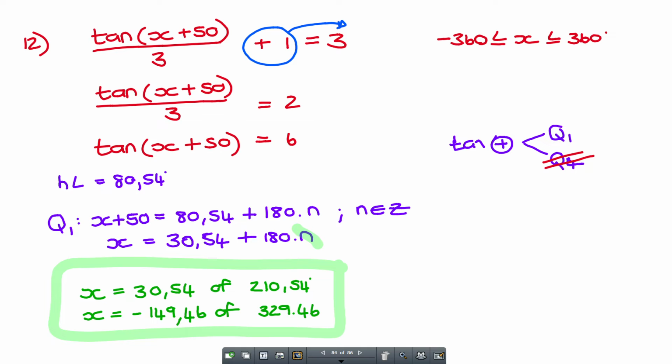Right, so if I use negative numbers at n, if I make n negative 1, you will see you get an angle of minus 149,46 degrees, and that still lies within my interval. Okay, so then we also substitute in n as minus 2, and then you get, so I think there must be a negative, let me just double check. Excuse me, I wrote it so fast. Yes, sorry. There must just be a minus in front. It says minus 329,46.